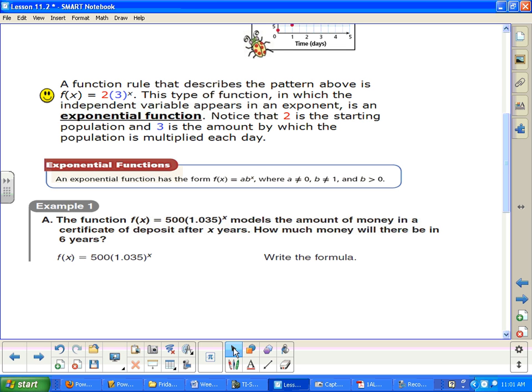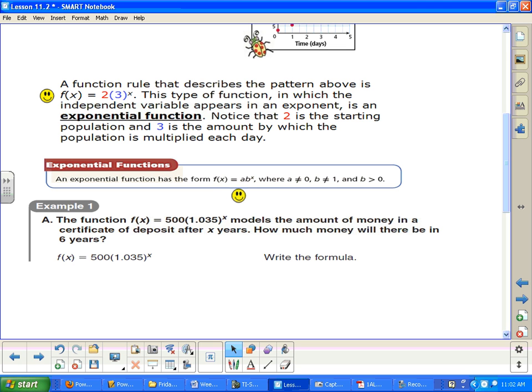So here's the general form for exponential functions. We're looking at f of x equals a times b raised to the power of x, where a is your starting value, the initial amount you have, where you're going to begin, the value on the y-axis, and b is the rate of increase or decrease depending on whether it's going up or down.